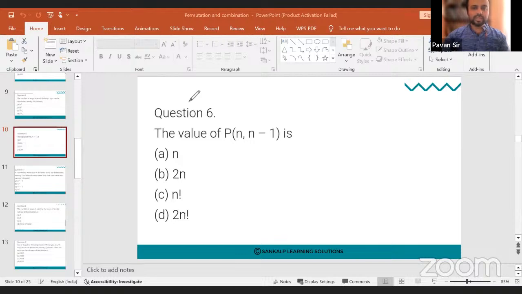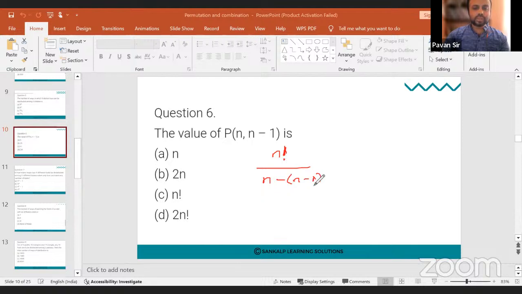Option C. Hemant has given option C as the answer. So here, P(n, n-1) is n factorial divided by (n minus (n minus 1)) factorial.